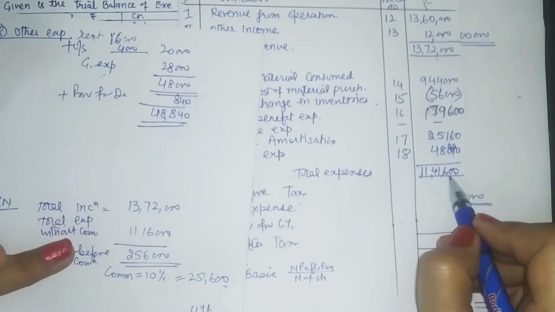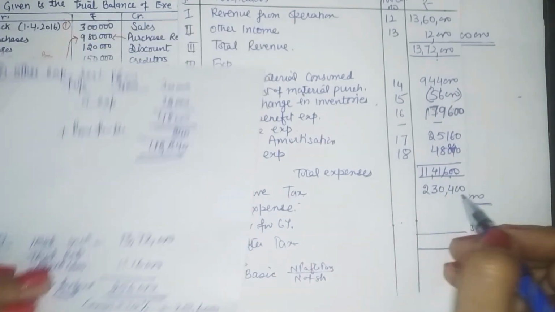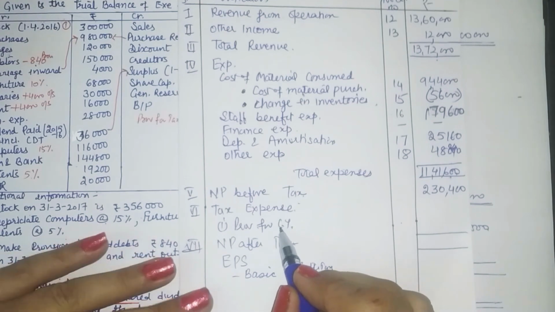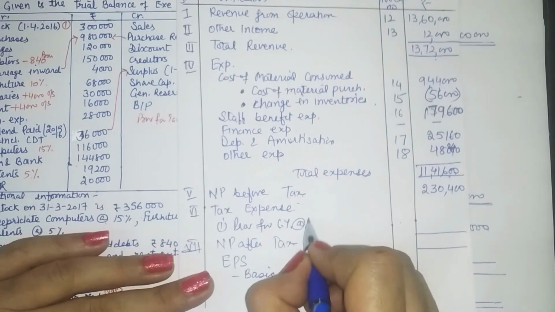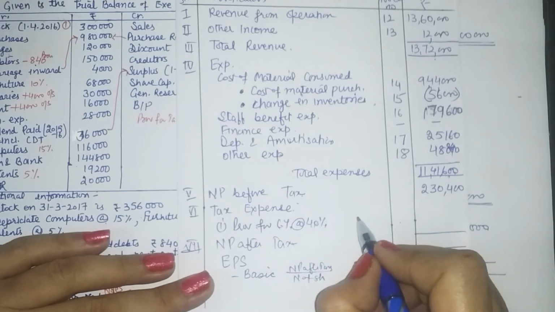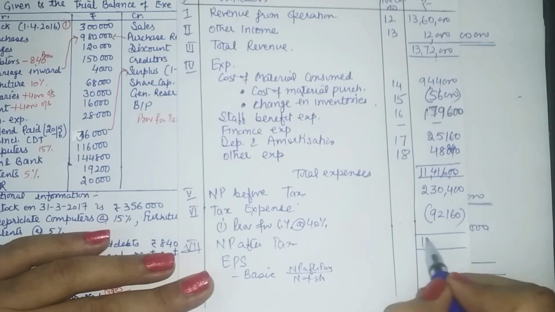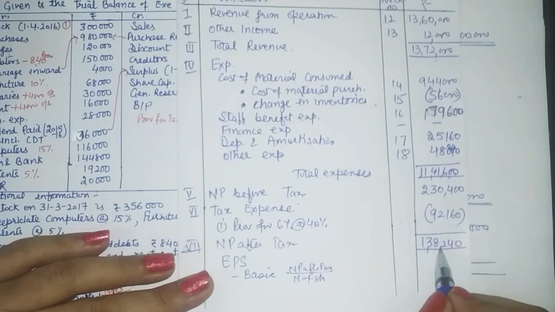So your net profit is going to be 2,30,400. Now on this we are to provide for tax at the rate of 40%. Tax at 40% is coming out to be 92,160, which means 1,38,240 is your profit after tax.